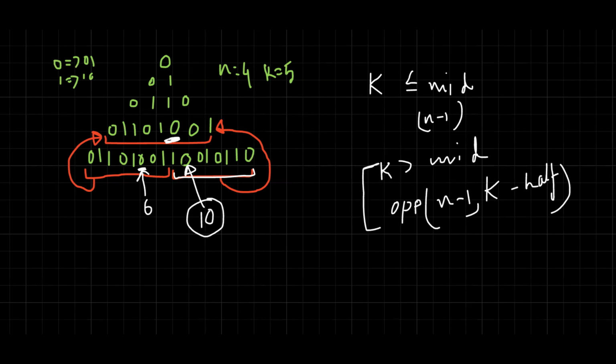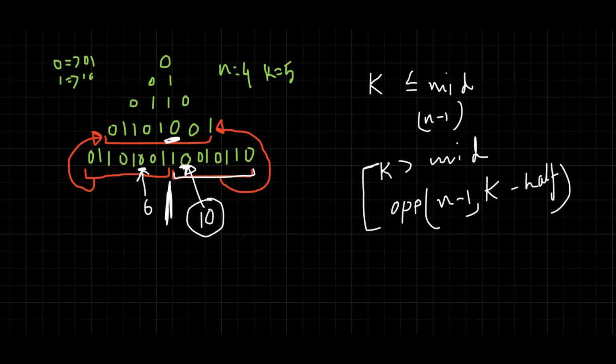The value 0 is marked as position 10. Now 10 is greater than the mid position. For this row, the mid position is 8.